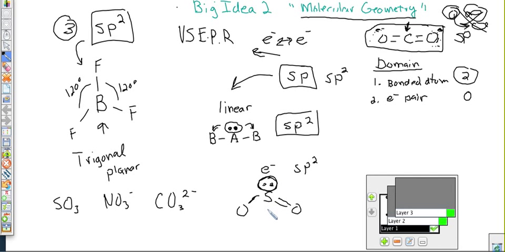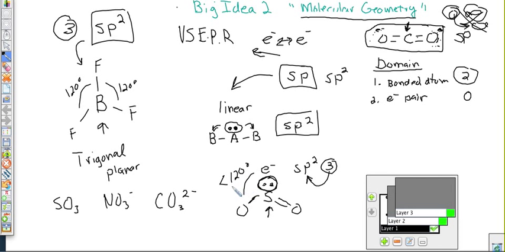We have sulfur in the middle with 2 bonded atoms and 1 lone pair, so that's a total of three domains, and that gives us sp2, the same one we've been talking about this whole time. And so the bond angle between these ones is going to be a little bit greater than 120. If 120 is equal, remember this pushes these away even further. So we would say it's a little bit greater than 120.